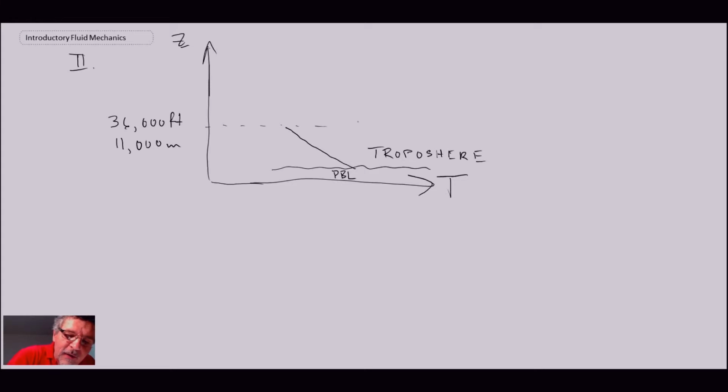And then we get to the tropopause. At the tropopause, the temperature then goes constant, and that is the stratosphere. I believe the stratosphere goes up to about 65,000 feet, so it's quite high.